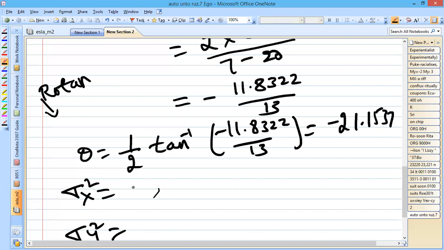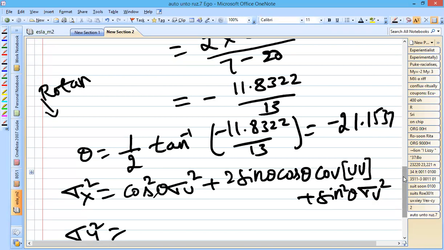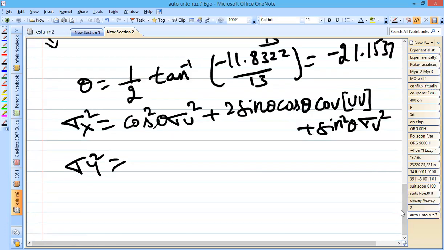So sigma x square is given as cos square theta sigma u square plus 2 sin theta cos theta into covariance of uv plus sin square theta sigma v square. Sigma u square and sigma v square values are known, covariance is calculated, and theta value is also known. So you can substitute all the values here and get the value of sigma x square.